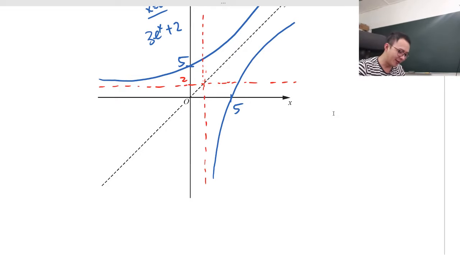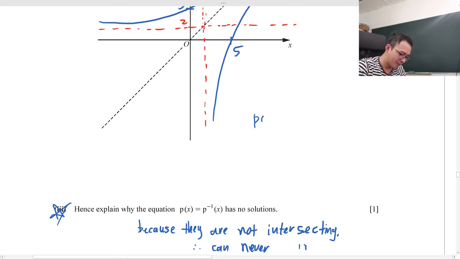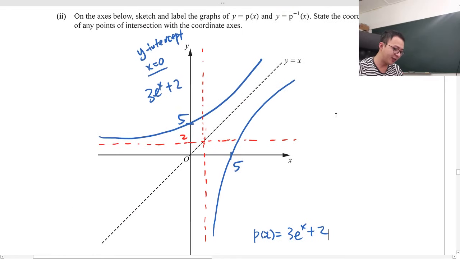We have the equation for p(x). p(x) is equal to 3e^x plus 2. If they intersect, they must both touch over here. That means p(x) will equal p inverse of x, right?